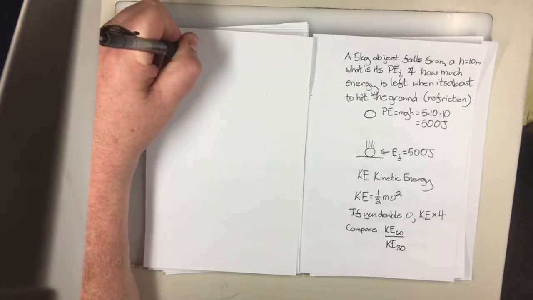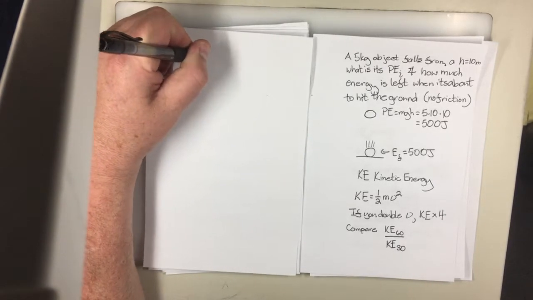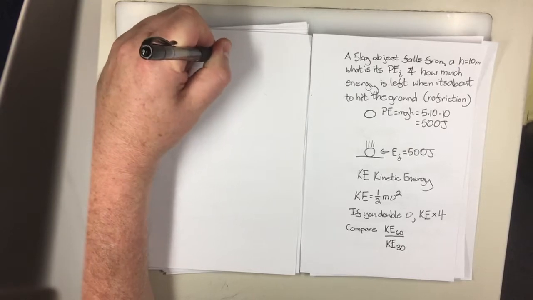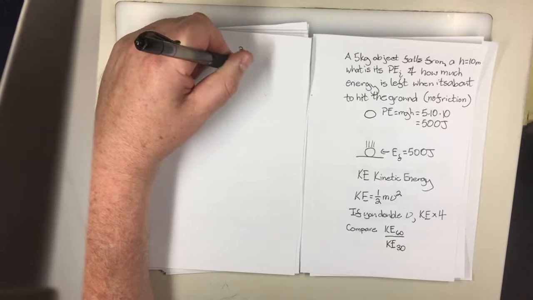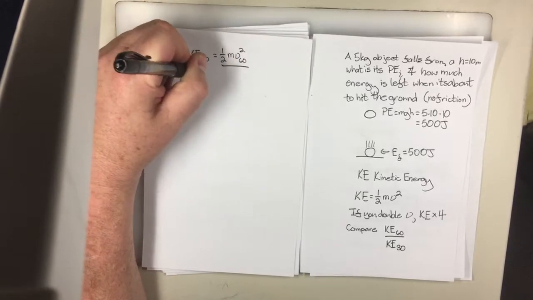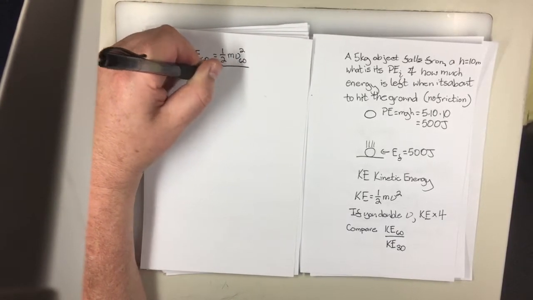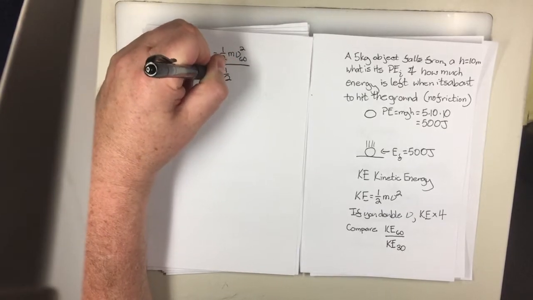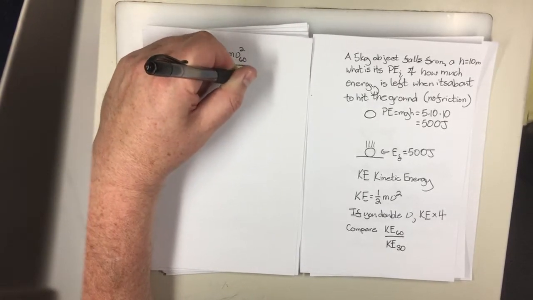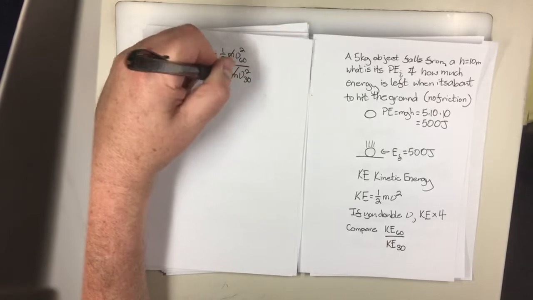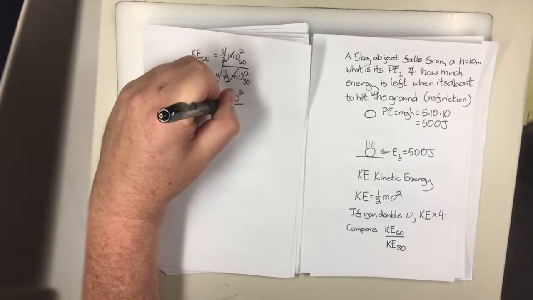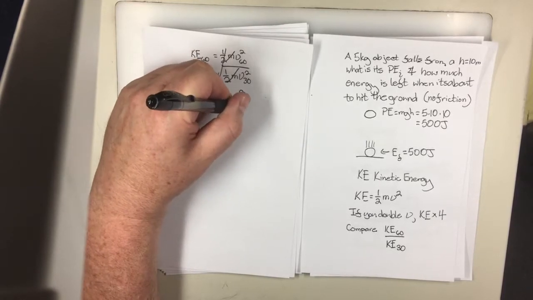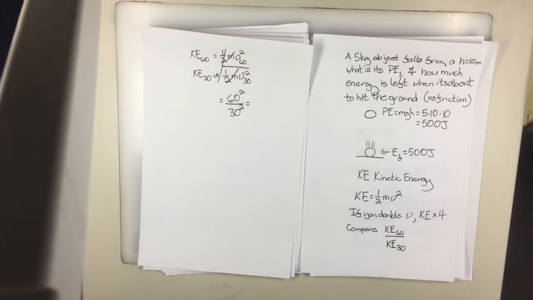The kinetic energy at 60 is 1/2 m v60 squared. The kinetic energy at 30 is 1/2 m v30 squared. The m's cancel, the halves cancel, and I'm left with 60 squared over 30 squared.